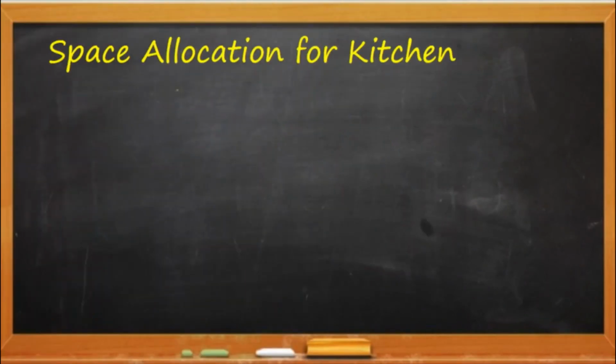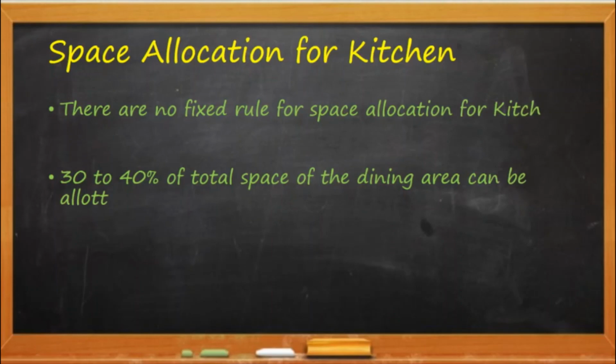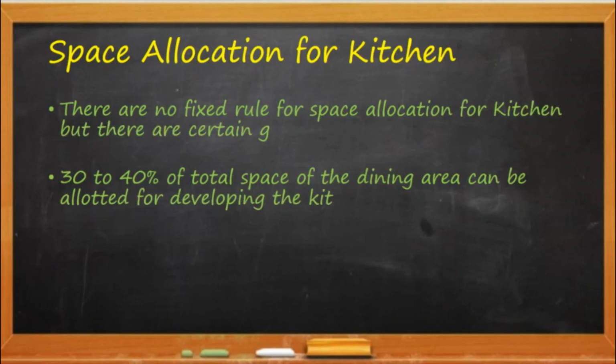Space allocation for kitchen department. There are no fixed rules for space allocation for a kitchen, but there are certain general guidelines that can be used. 30 to 40% of the total space of the dining area can be allotted for developing the kitchen.